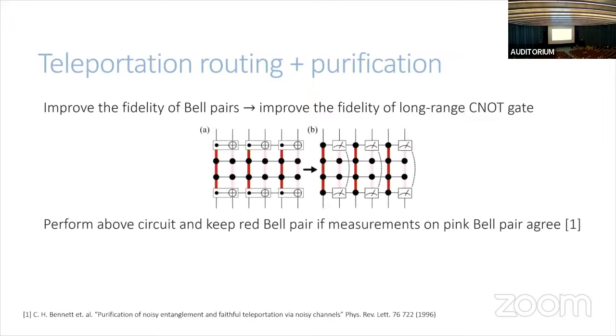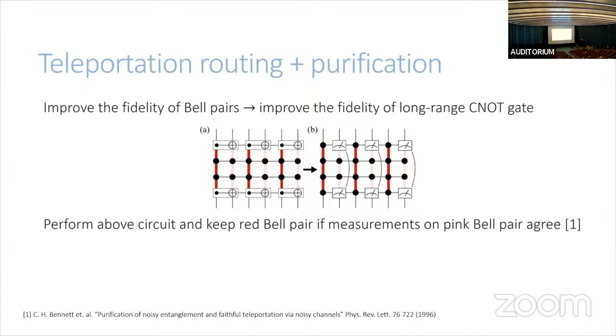And the easiest way of doing this is by generating essentially a donor Bell pair. If you have your red Bell pair that you want to purify, you make a donor Bell pair, and you just perform the circuit. If the measurement results agree on the donor Bell pair, then you keep the red one. And if they don't agree, then you just toss it. In the cases where the measurement results agree and you keep it, this Bell pair has a much higher fidelity.